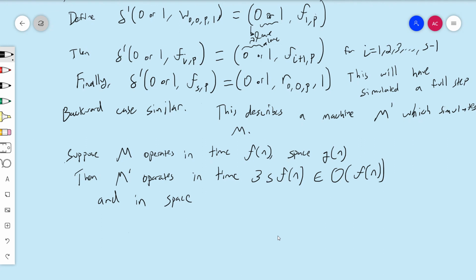If I use g of n cells, then I'm going to use s times g of n cells, because every one cell is now s cells, but that is still O of g of n. So same efficiency. And by same efficiency, I mean it's more inefficient, but not in a significant way, and not in a way that has anything to do with the length of the input.